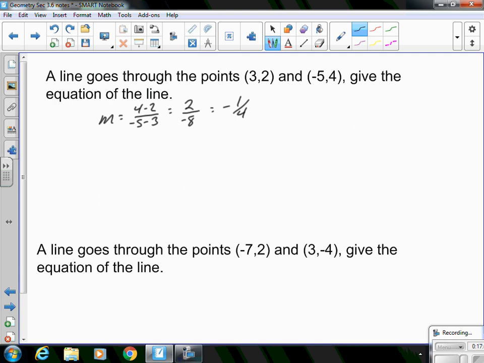And then we can solve for the y-intercept just like we did before. We got 2 points to choose from. It doesn't matter which one we pick. Right. So I'm just going to go with the first one, (3, 2).